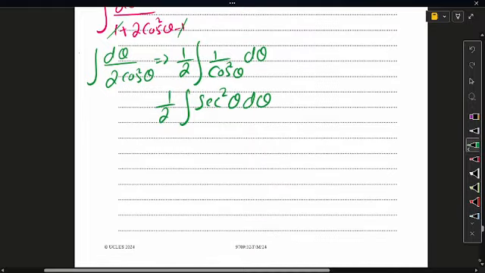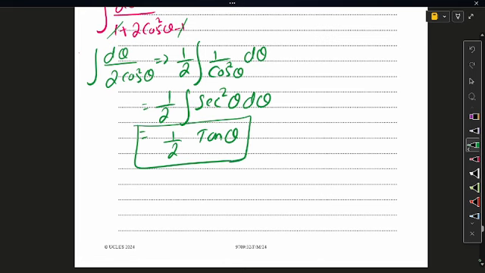And the integral of secant square theta is always equal to tan of theta. So in place of secant square of theta, I am able to write 1 by 2 tan of theta. So 1 by 2 tan of theta will be the answer for that part. Left hand side, I meant.